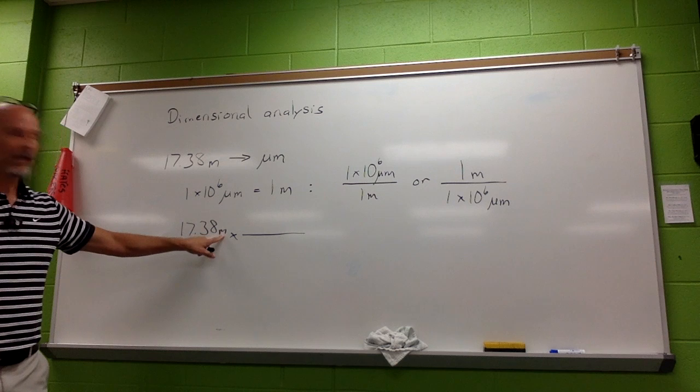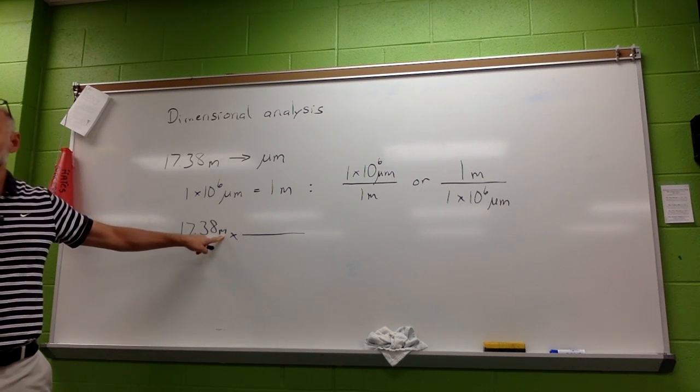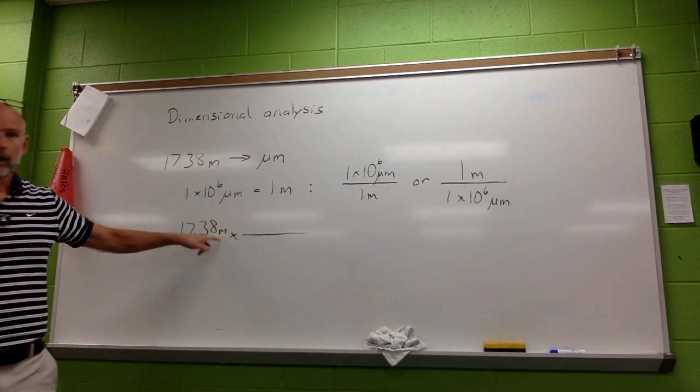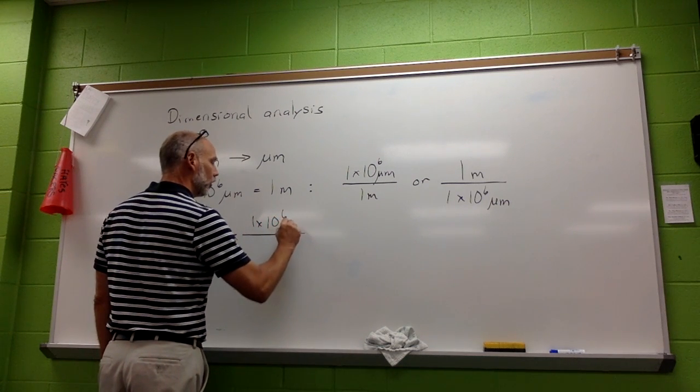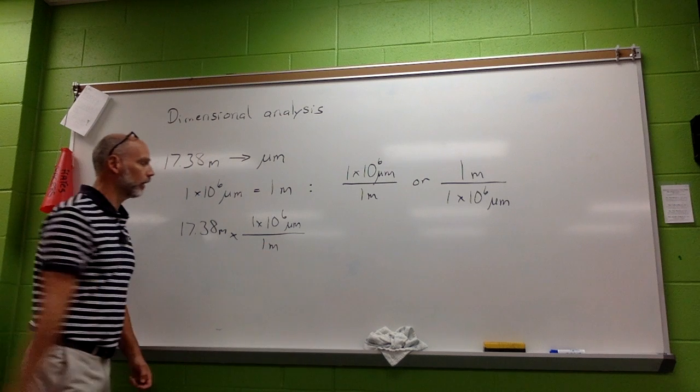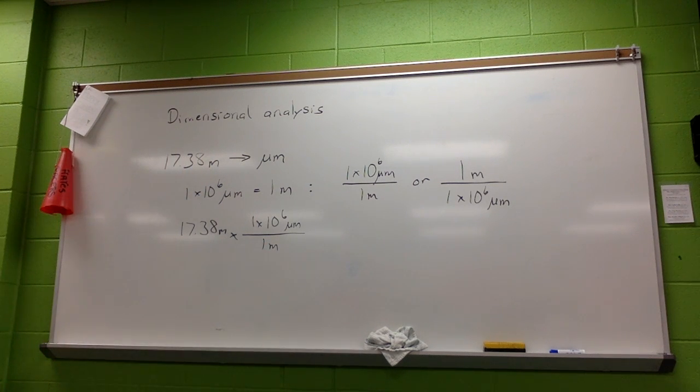Well, we want to get out of the meters and into the new unit, correct? Yes. And the way to do that effectively would be putting the thing that you're trying to get to in the numerator and the thing that you're trying to get out of in the denominator.